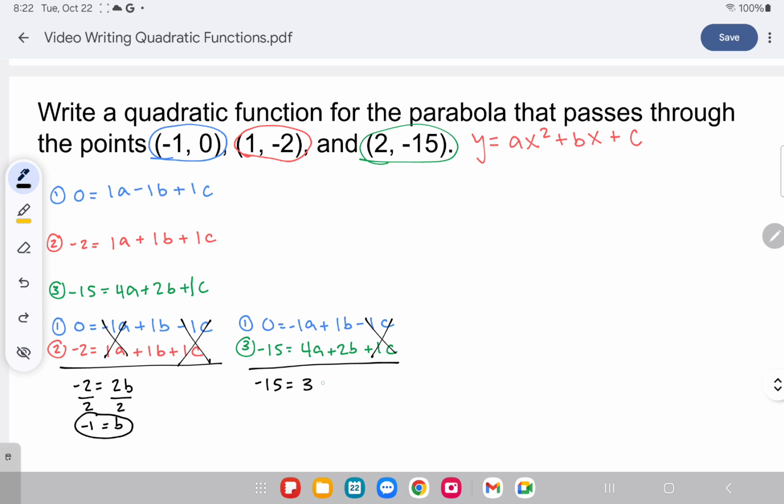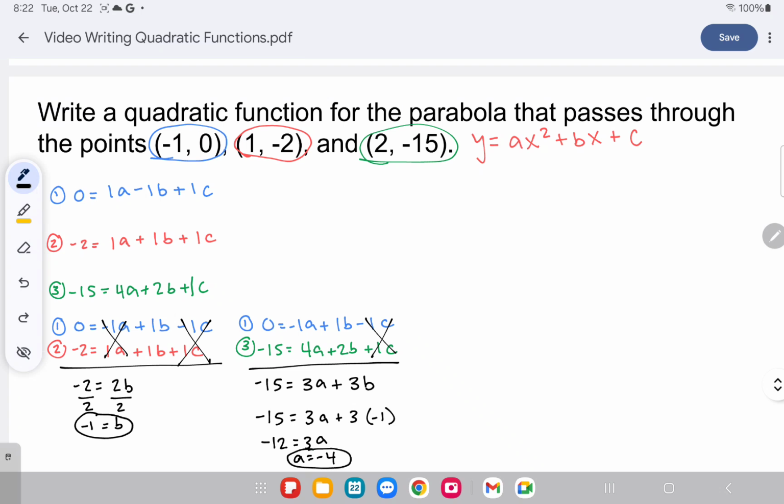So when I add up what's left, I have 3a plus 3b equals negative 15. And I know what b is, so my next step is going to be to substitute the b I know in here to solve for a. And when I do that, I get a equals negative 4.